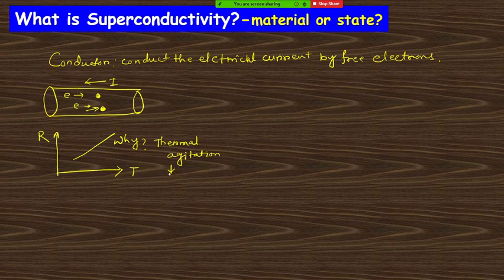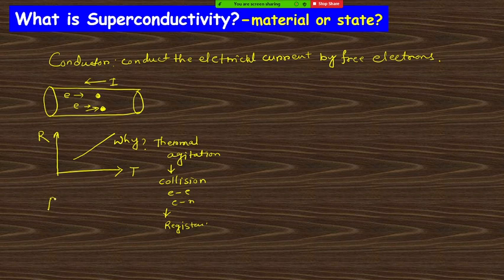So due to thermal agitation, the collisions increase, collisions with electrons or molecules or nuclei. Due to this collision, the resistivity increases, and the resistance increases.